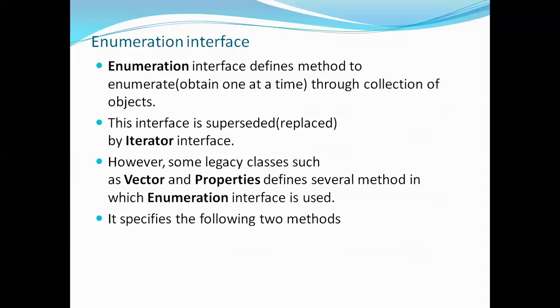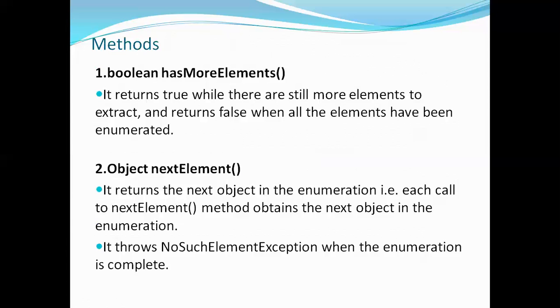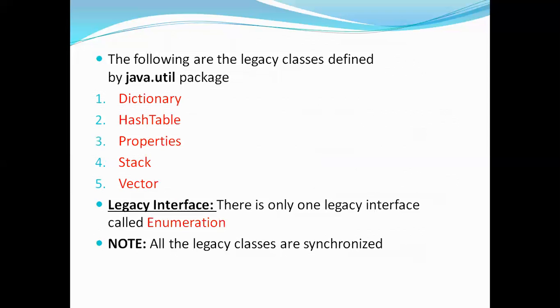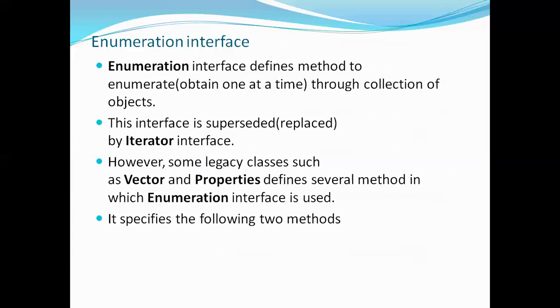There we also learned that enumeration is only for legacy classes, and that too only for Vector and Hashtable. It also has a drawback: it can't remove any element, and it goes in only one direction, the forward direction. So among the legacy classes we apply enumeration only for two.